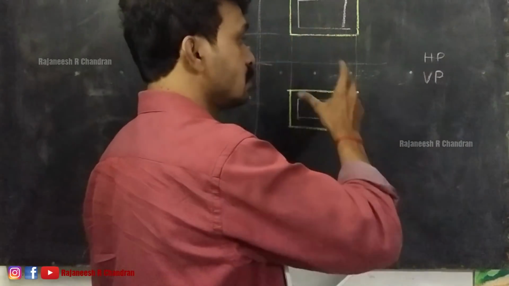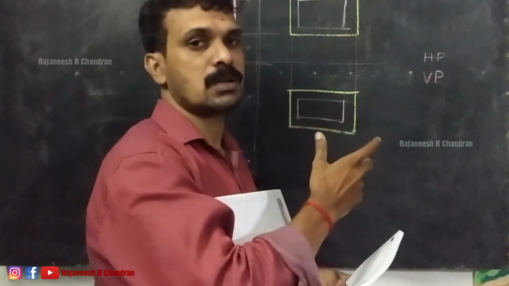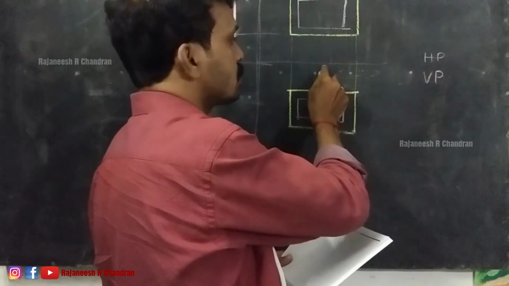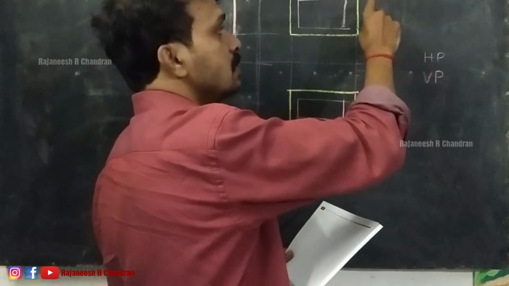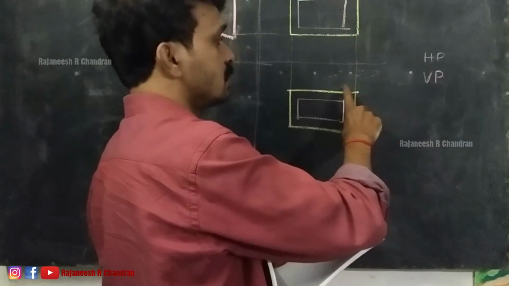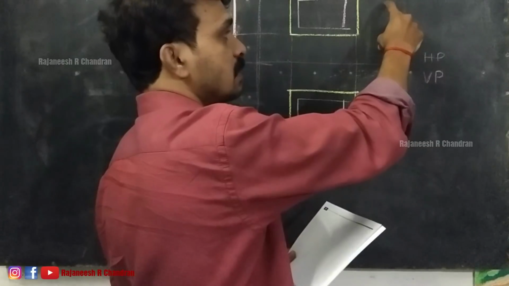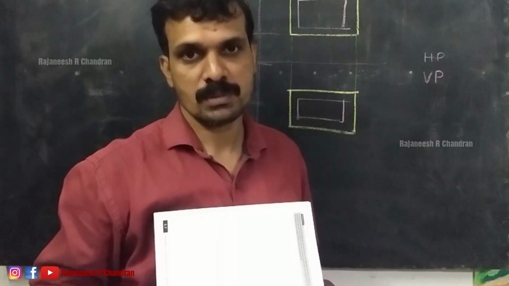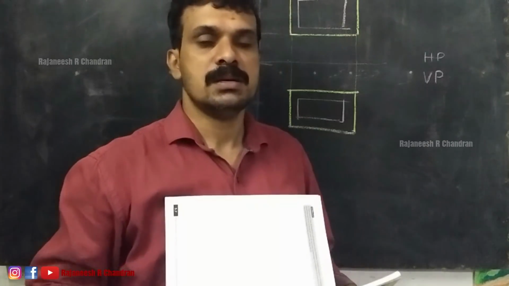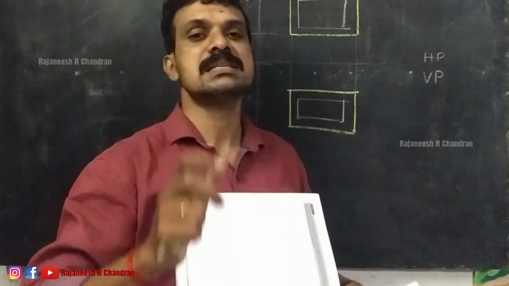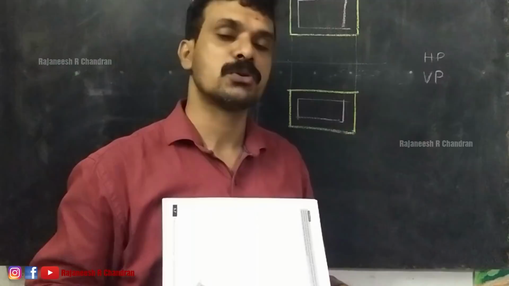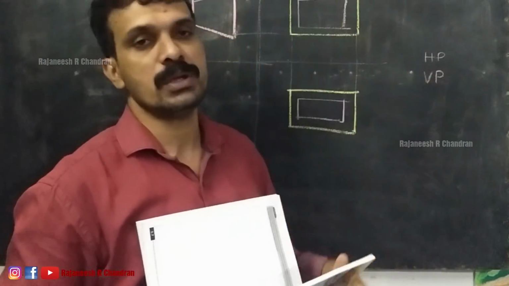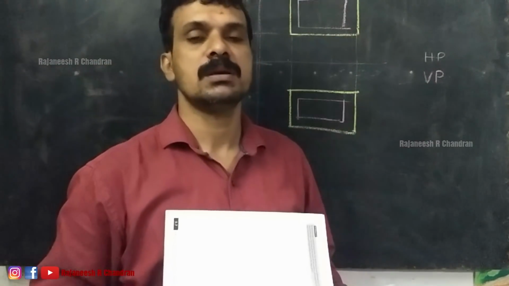This is not a common rule. For this particular image, the portion above this reference line is the front view and this is the top view, so this can be taken as a vertical plane and this as a horizontal plane. Is it clear? So this is the method for projecting an object onto a two-dimensional plane.